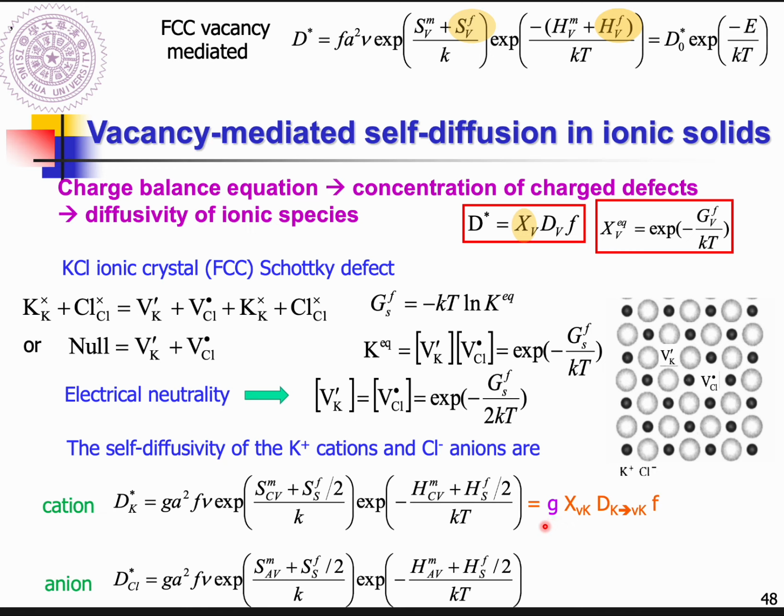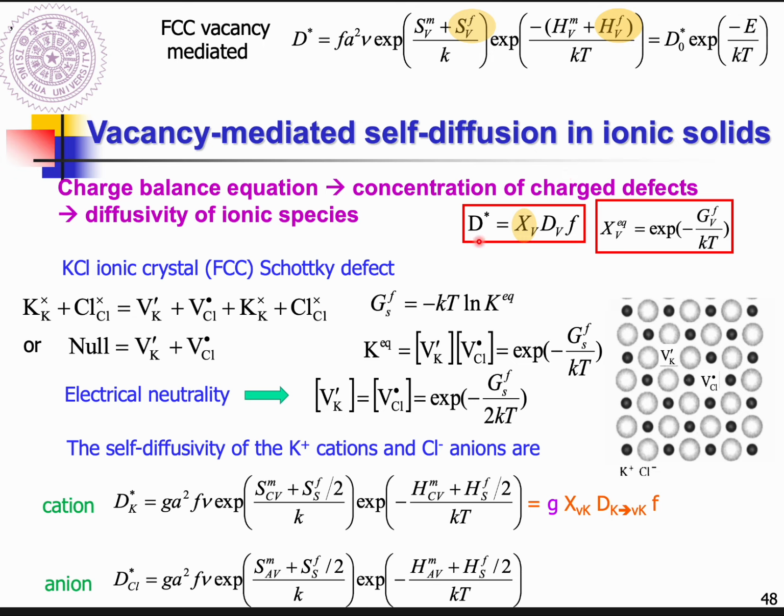And here, don't forget, when you talk about ionic materials, we usually put the G here. The G involves different crystal structures and different mechanisms in these ionic solid materials. The value for G is between 1 and 2, depending on different material systems, okay?